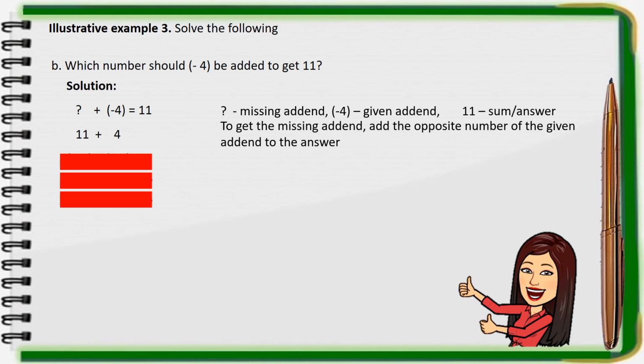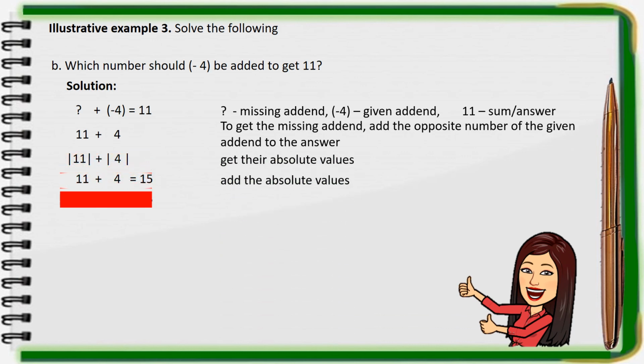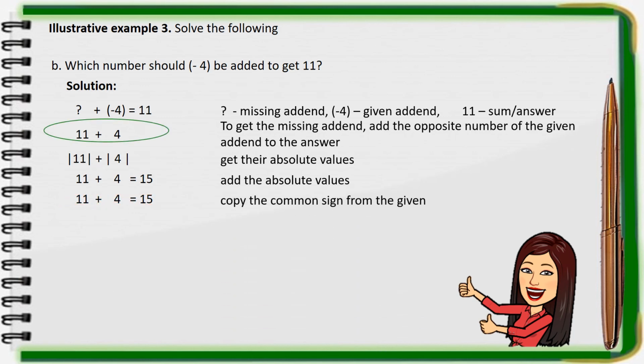Pagkatapos, sundin natin ang rule ng addition of integers. Kunin ang kanilang absolute values and then add at kopyahin ang common sign mula sa given. Therefore, ang ating missing addend ay 15.